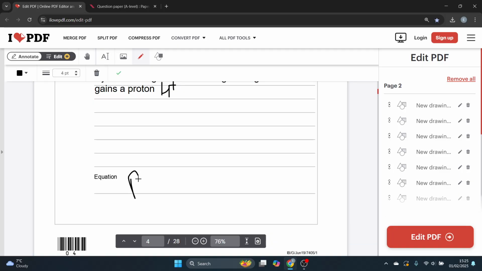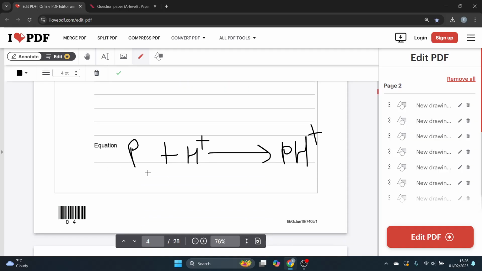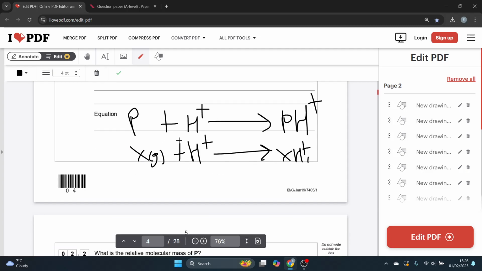And therefore the equation is just P plus H plus. With electrospray, you just gain a proton. So in the example it would just be X for the equation, so you can apply it to anything really. That forms XH plus. It doesn't ask for state symbols when you show it.